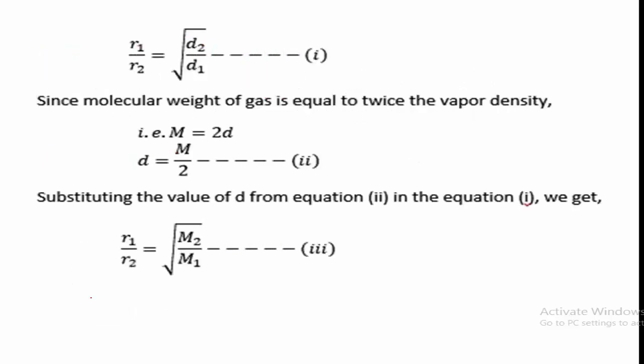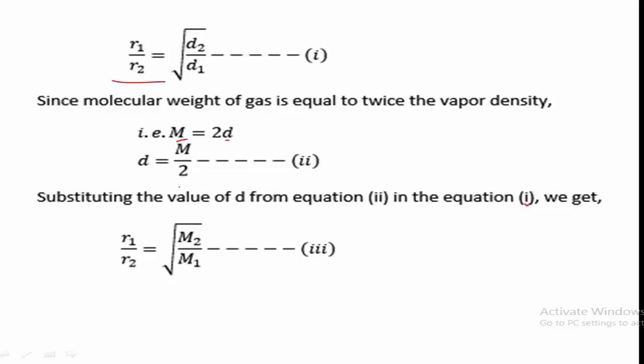If R1 and R2 are the diffusion rates of two different gases having densities D1 and D2, then it can be given as R1 by R2 equals the square root of D2 by D1. And the density is dependent on the molecular weight of the gas, which can be given as M equals 2D, where M is molecular weight and D is vapor density, or D equals M by 2.